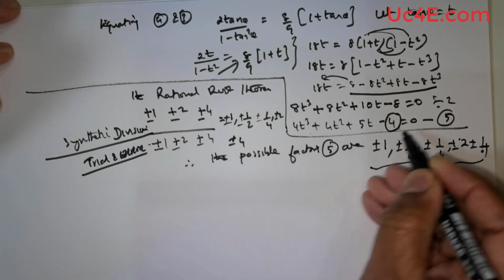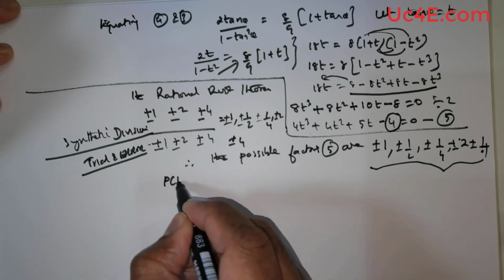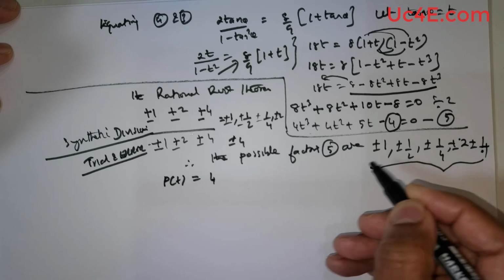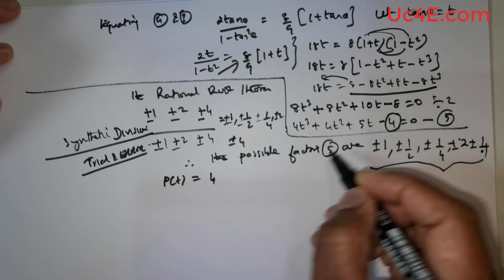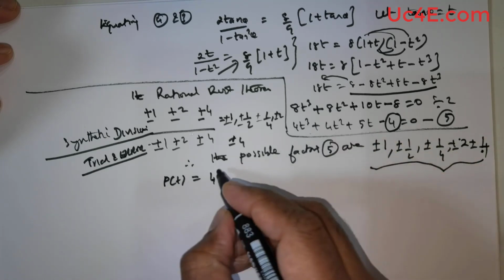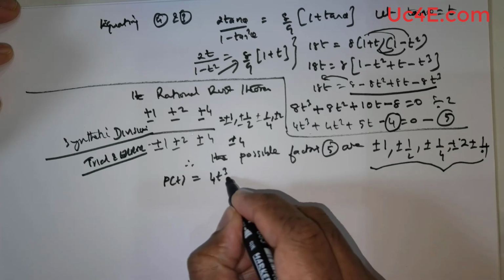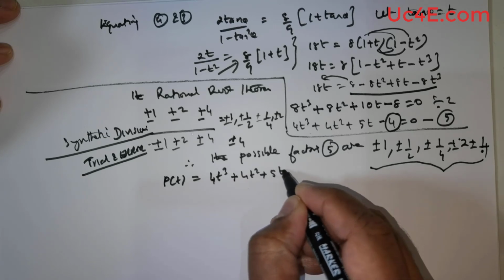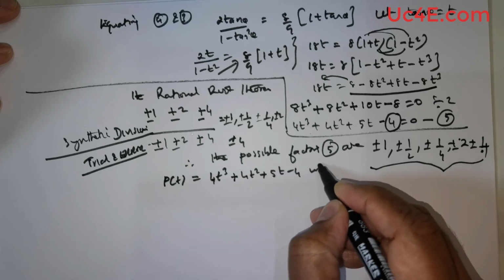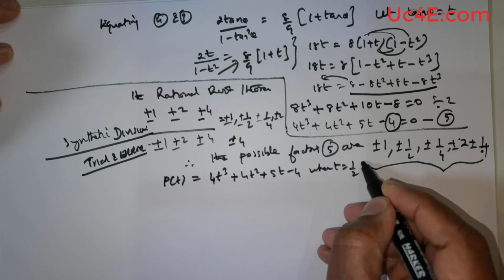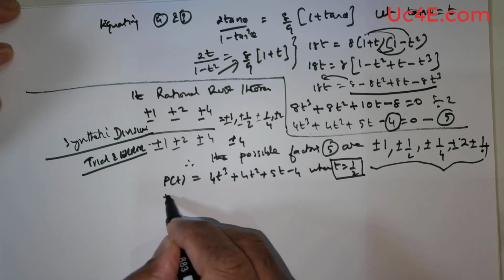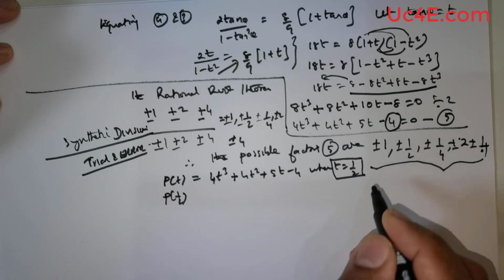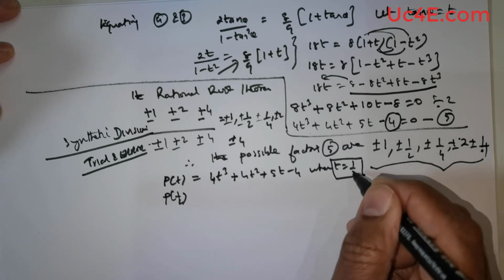So say p of t is equal to 4 times t cubed plus 4 times t squared plus 5 times t minus 4, you can take it as a polynomial, when t is equal to 1 over 2. So this is the substitution I'm doing. So p of 1 over 2, if this is equal to 0, then t equal to 1 over 2 will definitely be a root.